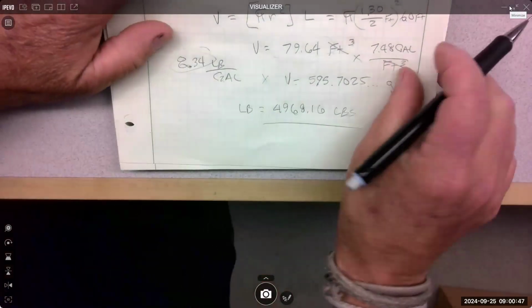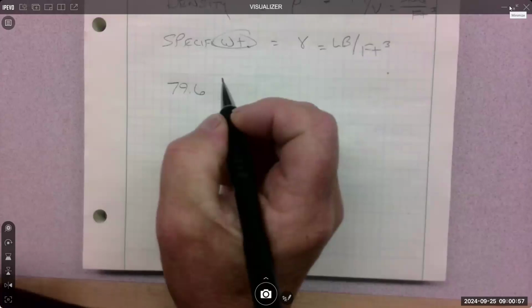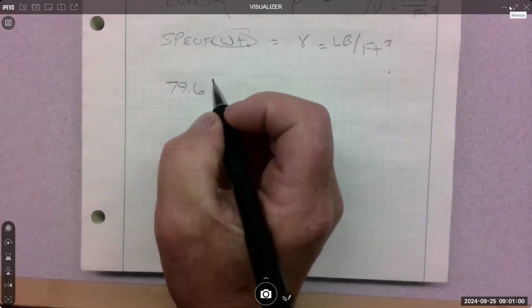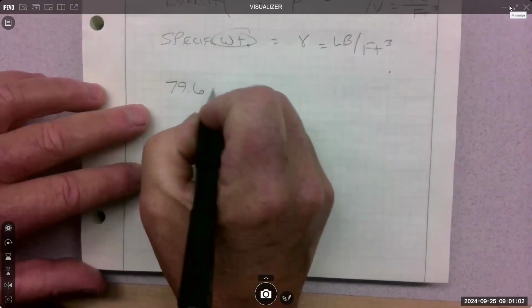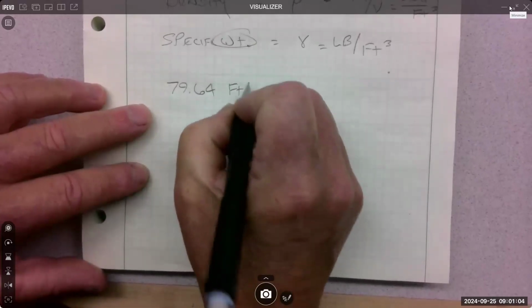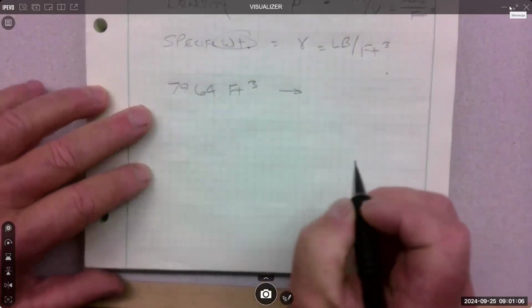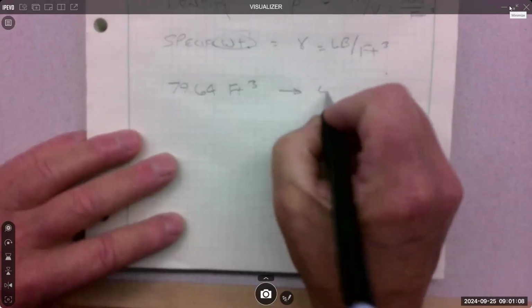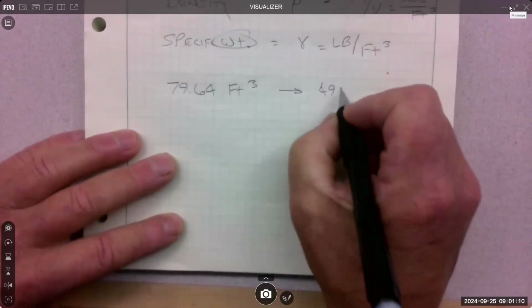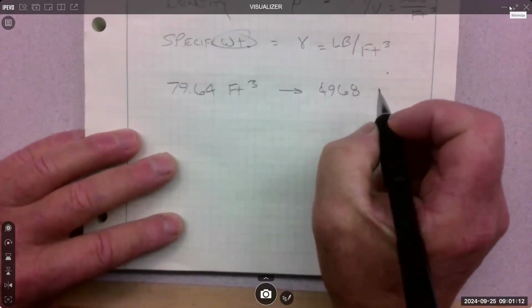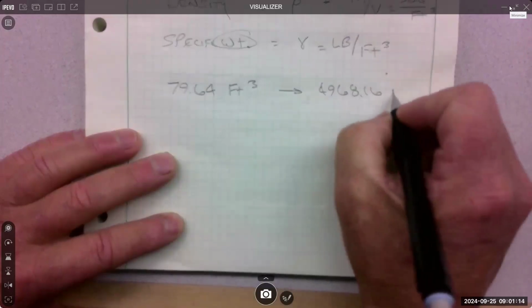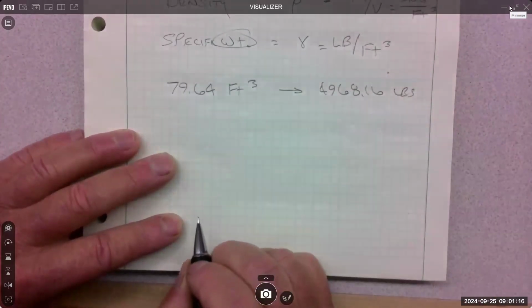So we had 79.64 feet cubed. Let's work it. 79.6, I just have the rounded number. And that developed how much weight? 4968.16 pounds. Right?